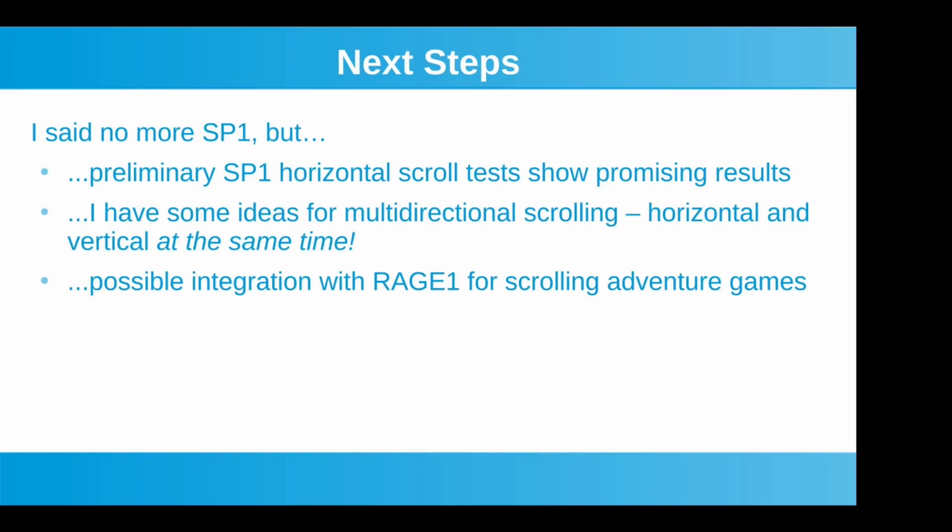And also there is a possible integration of this with my Rage 1 engine, which is an adventure engine, as I said. And this is currently screen-switching based. I mean, when you go to a new screen, it gets deleted and a new screen is fully drawn. But it could be adapted to work with a scrolling map if we can do it with the tests.